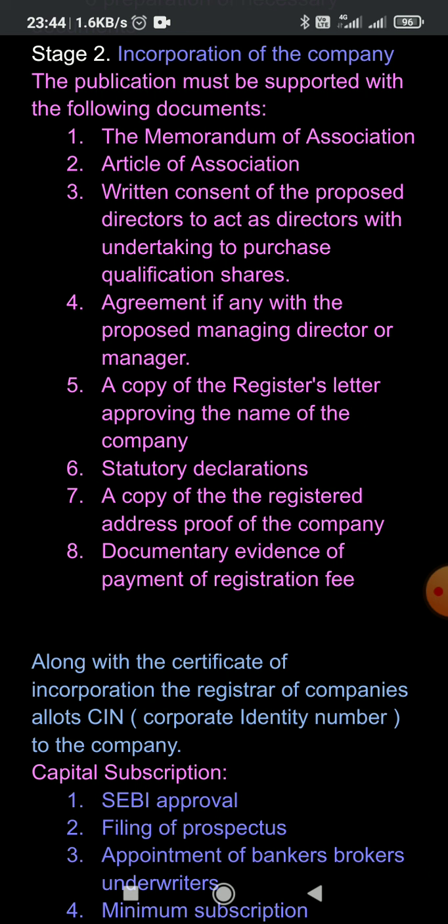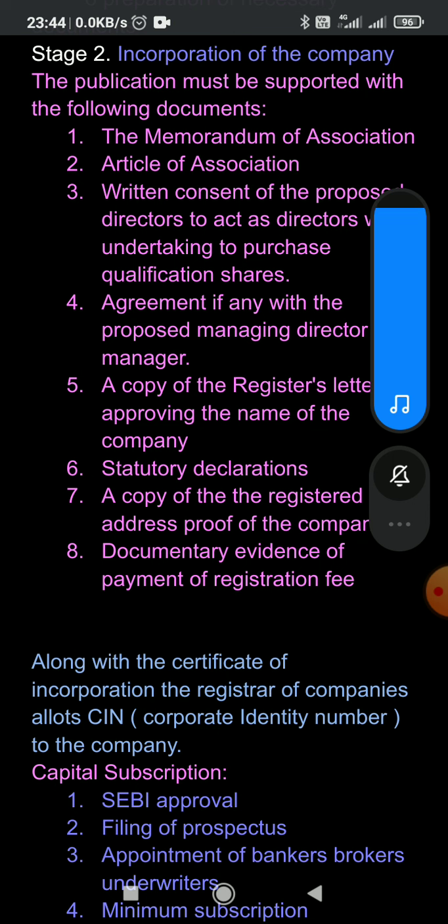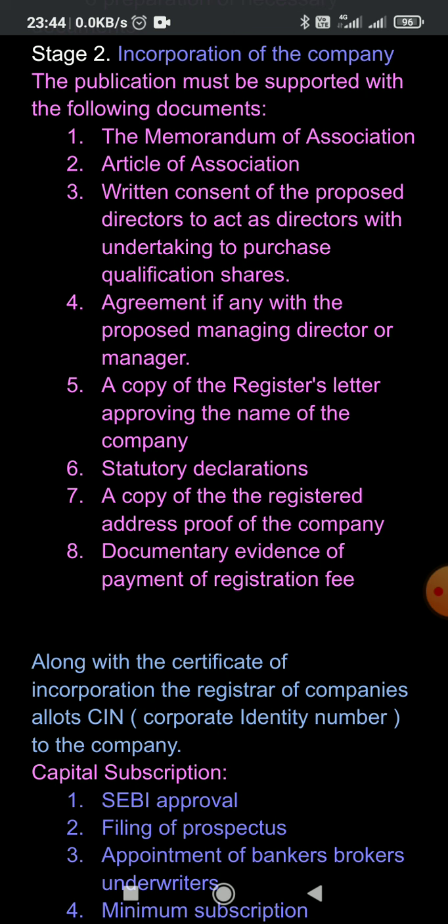First one, the memorandum of association, articles of association, written consent of the proposed directors to act as directors with undertaking to purchase qualification shares, agreement if any with the proposed managing director or manager, a copy of the registrar's letter approving the name of the company, then statutory declarations.